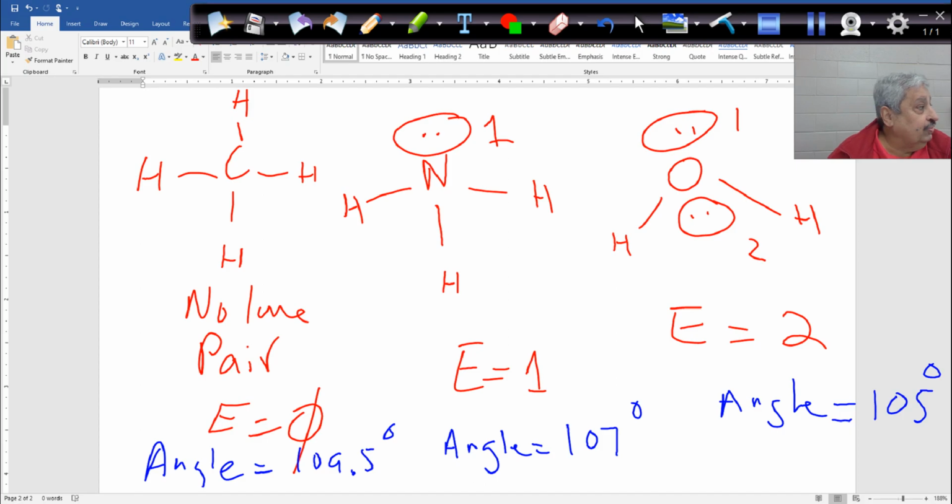Okay, so what conclusion can we make? What conclusion can we make, guys? So if we have no lone pair and identical terminals, the molecule will be non-polar, correct? That's what we have. This is non-polar.